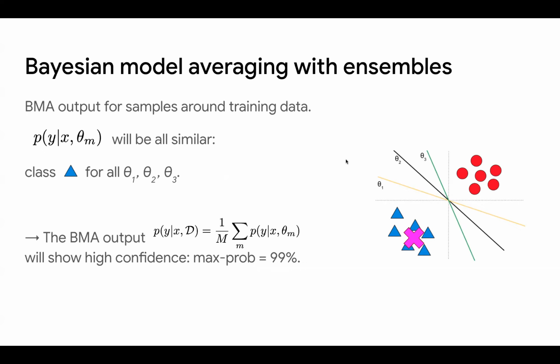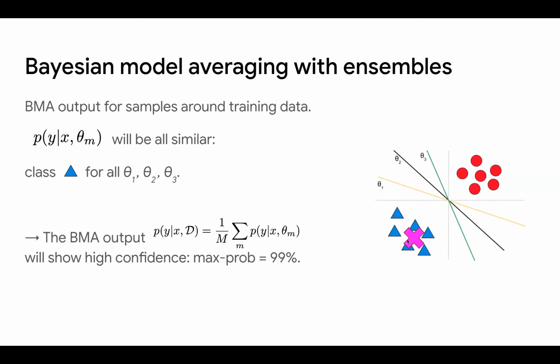Now to give you a bit more intuition of how this Bayesian model averaging is working, let's say we have the same kind of training data as before, like in the motivation figure. And let's say we have trained these three models here, theta 1, 2, 3. And let's consider this test data, purple X here. We expect the outputs from all three models to be similar, right?